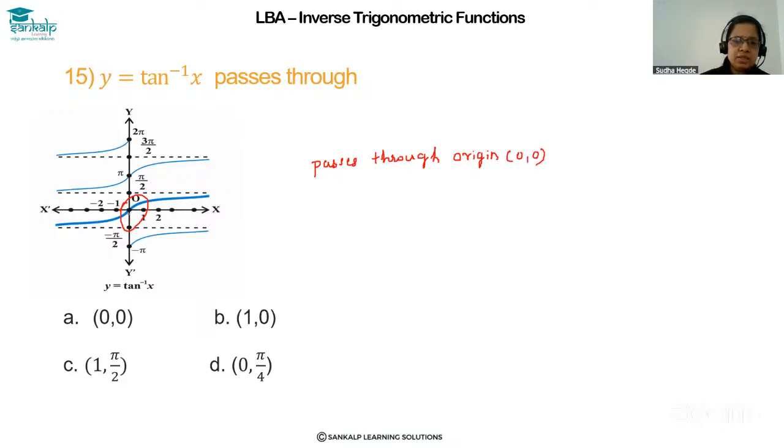Correct? By seeing the graph, you can make out. Therefore, option A, 0, 0 is the correct answer. Got it right? First you draw the graph and then you have to check. So option A, 0, 0 is the correct answer. Thank you.